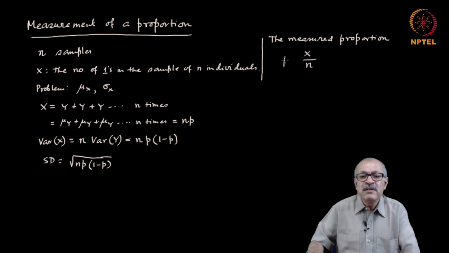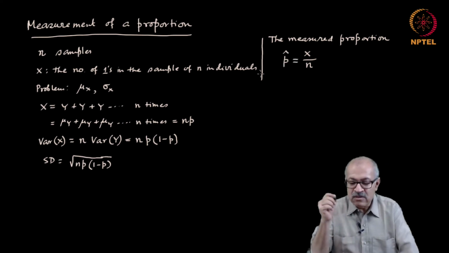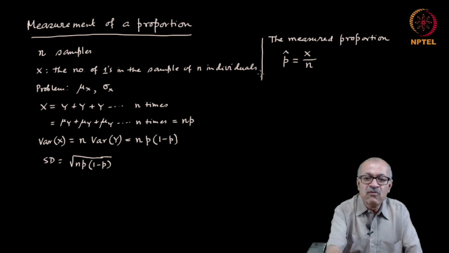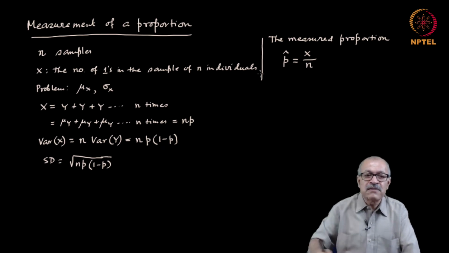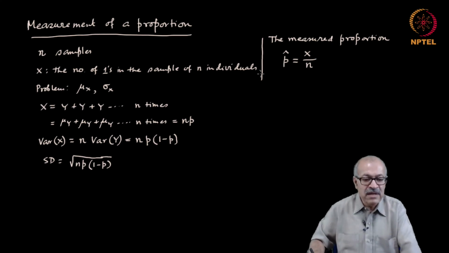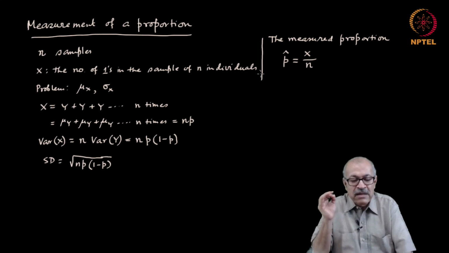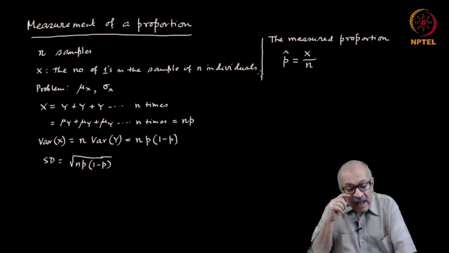Let us call it measured, therefore, it is not the proportion out there. Let us call it with a hat, so that we know that we are talking about the measured proportion. The ones that we have measured using the n number of samples is p hat, and that will be the measured proportion.